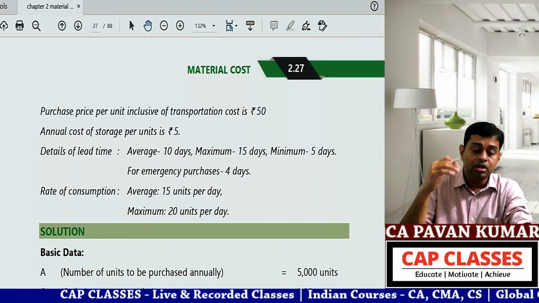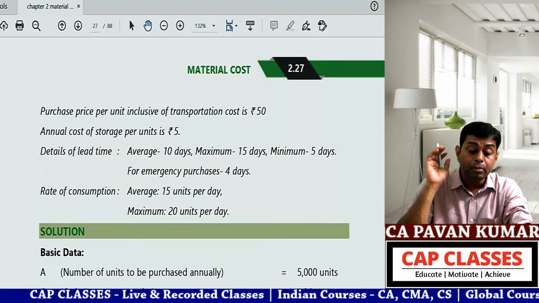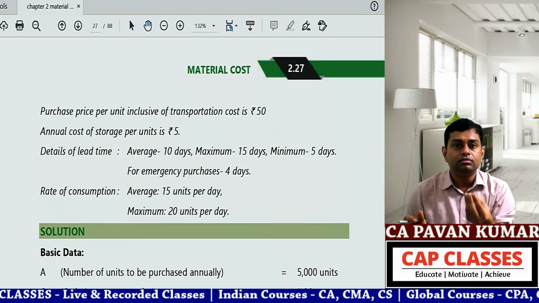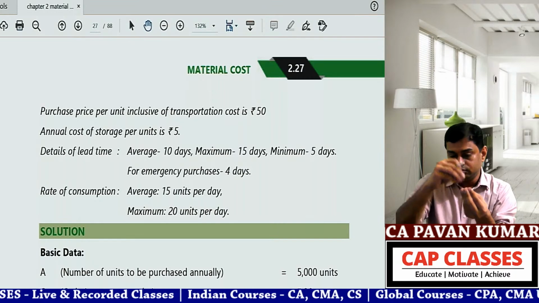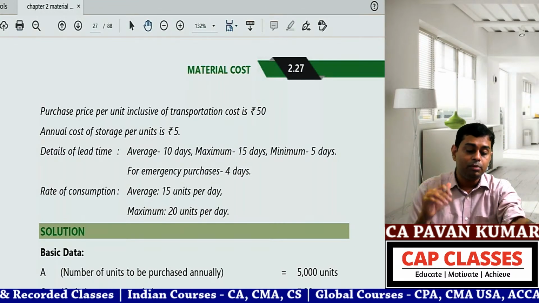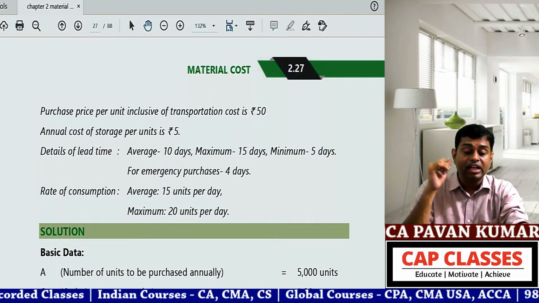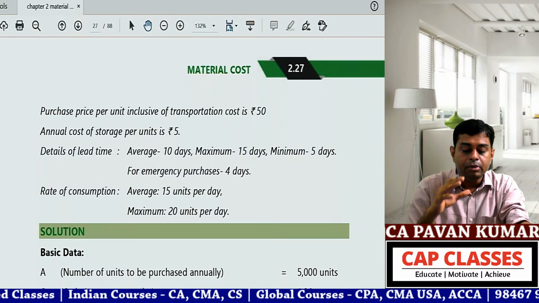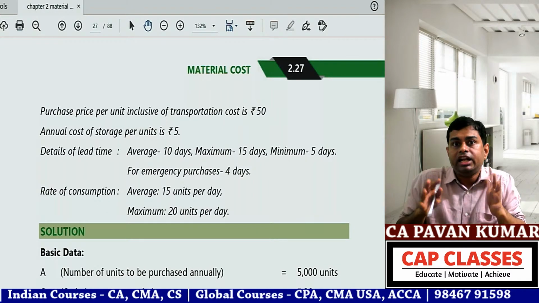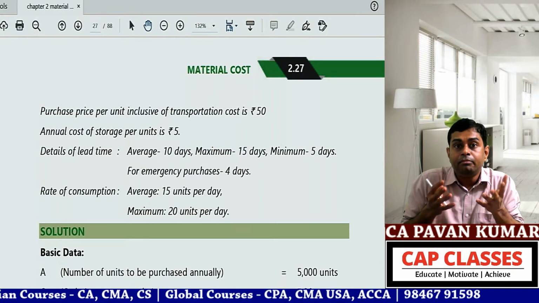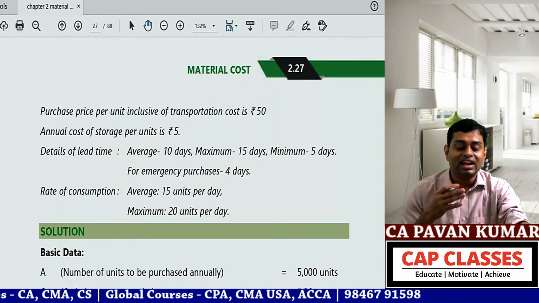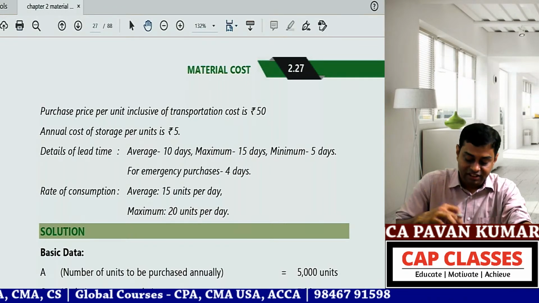Details of lead time: average 10, maximum 15, minimum 5. Emergency 4. Everything is given. It is like taking one banana, peeling it, and putting it in the mouth. That simple this problem is. Rate of consumption: average 15, maximum 20. Minimum number is not given, sir. Maximum is given, average is given, no?